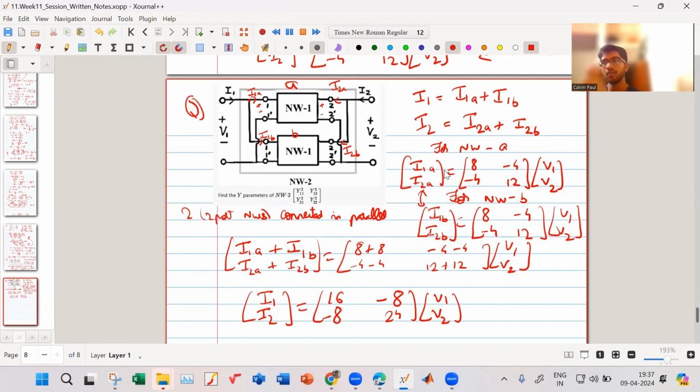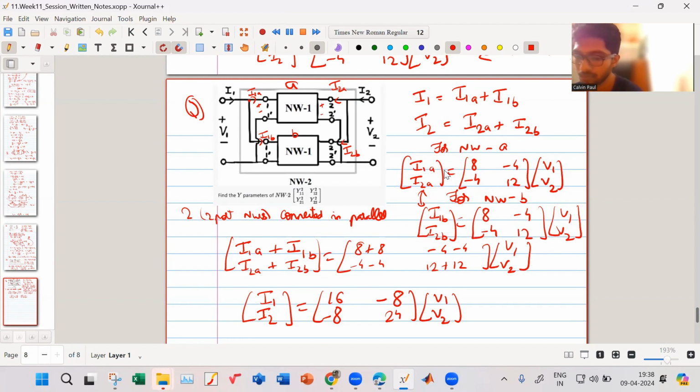Any question? This is the method, right? Yeah. For Z parameters, if the networks are in series, then we can add them. And for cascaded, I think you have to use ABCD parameters, but I'm not sure. You can check that.